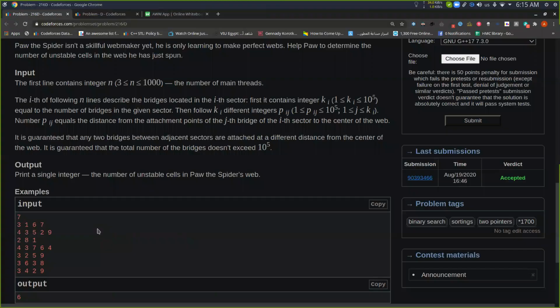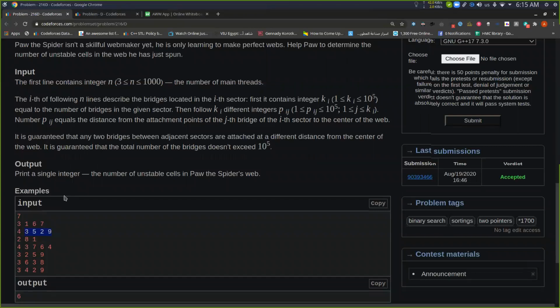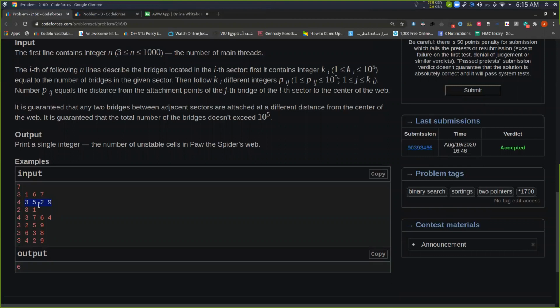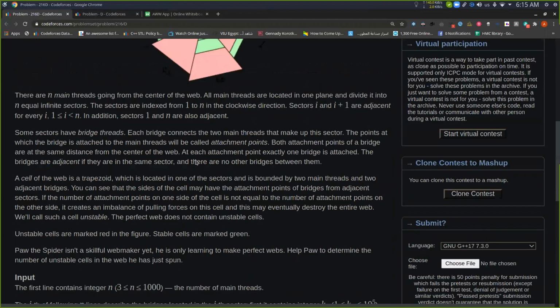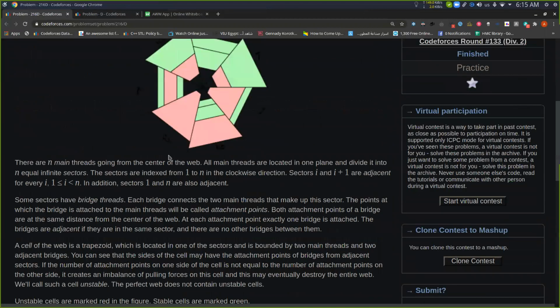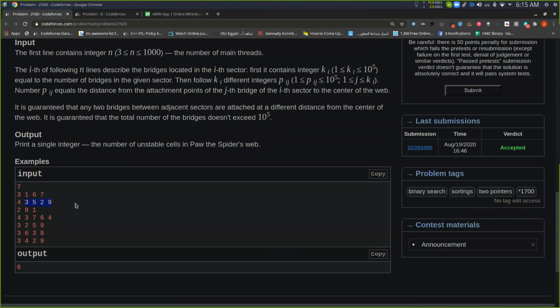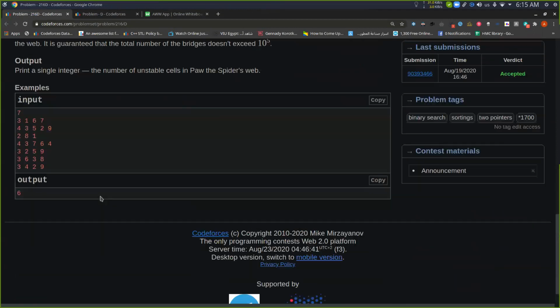So now we took the input, and the bridges are not sorted, right? So we want to sort the bridges first to make things easier. Actually, I said something wrong here.